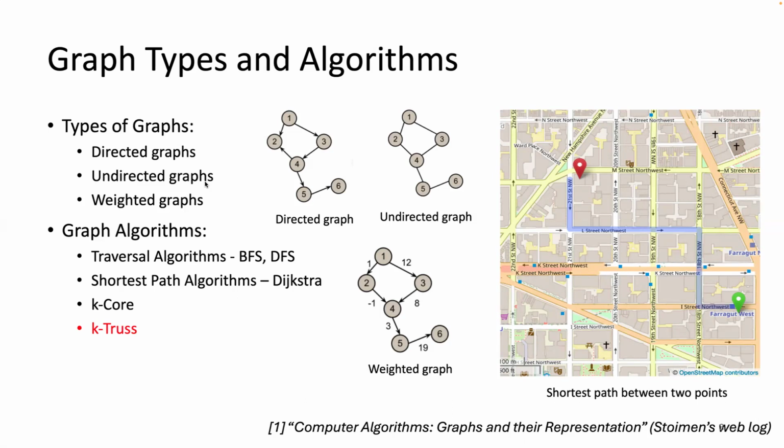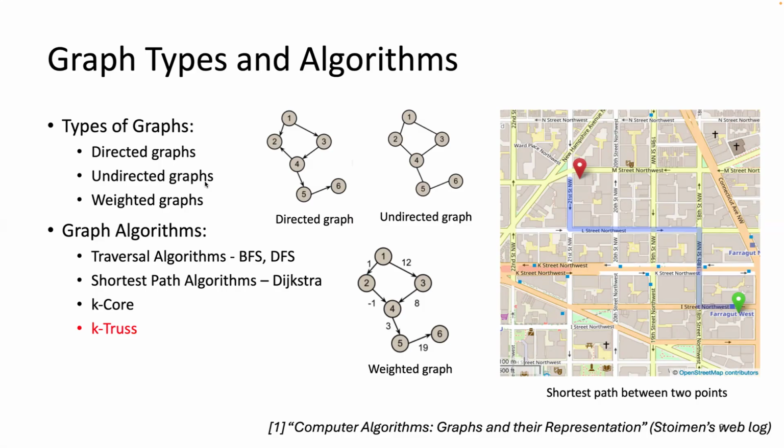So then we have graph algorithms. There are so many graph algorithms. We have the traversal algorithms, such as breadth first search and depth first search. You have the shortest path algorithm, such as the Dijkstra algorithm. In the picture on my far right, I showed an example of the shortest path algorithm scenario. I'm very sure most of us use Google Maps every day for our navigation.